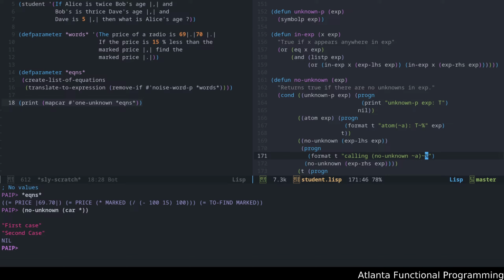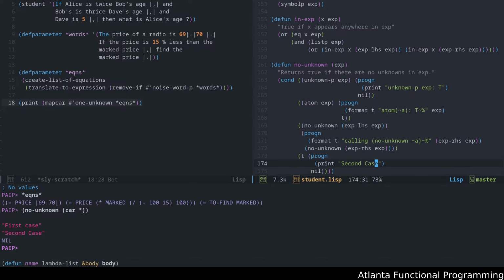So I'm just checking to see what this execution model is. EXP, RHS, EXP. Okay. And calling default case.